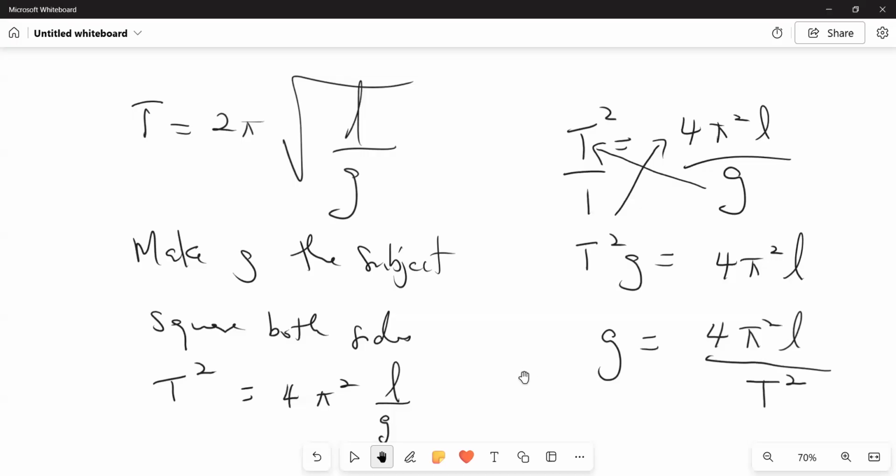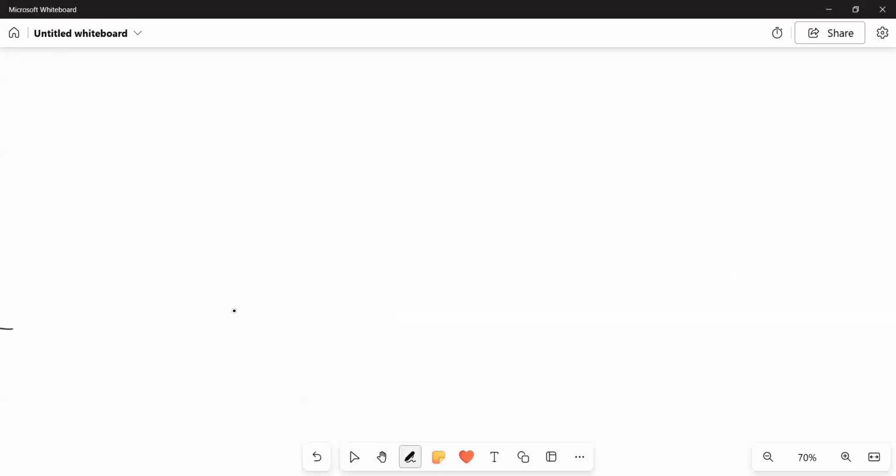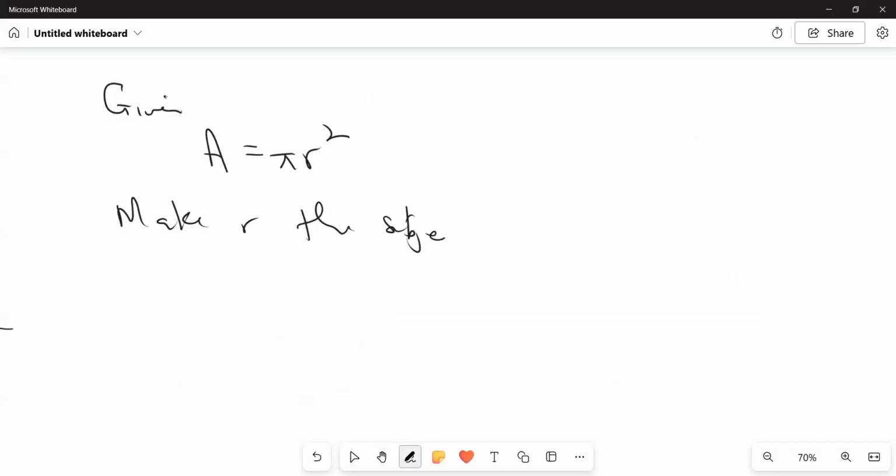Let's take one that has a square inside already, like the one I started off with. Let's say, given A equals pi r squared, you want to make R the subject, right? So you have a square on the R. Well, you can first get rid of the pi.